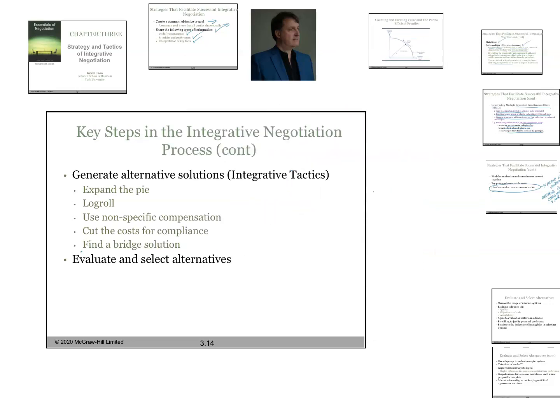As we're going through this process, through the negotiation and using these tactics along with the other strategies and generating options and solutions for all of the issues, it's time to evaluate and select alternatives. And this is something that is done throughout. So as we go through it, we're constantly evaluating and figuring out which alternatives are best for ourselves.